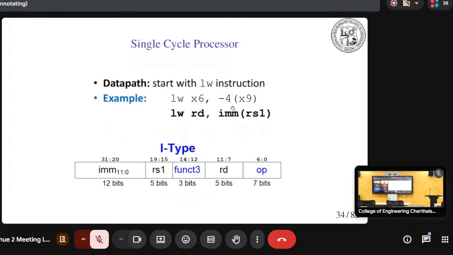Because we have an offset. To include the offset, we have an immediate. Then I have the source register, then function and opcode. Function and opcode basically determine the type of operation. And then I have a destination register.